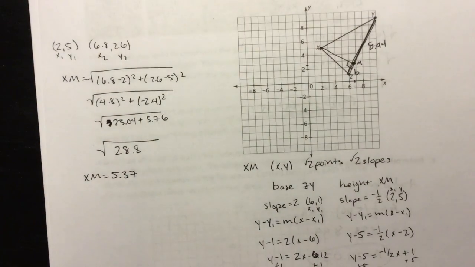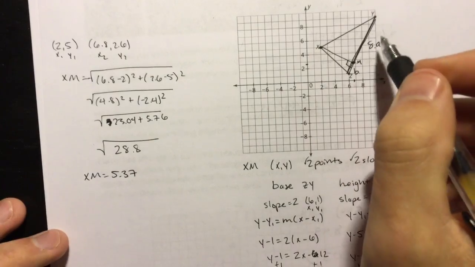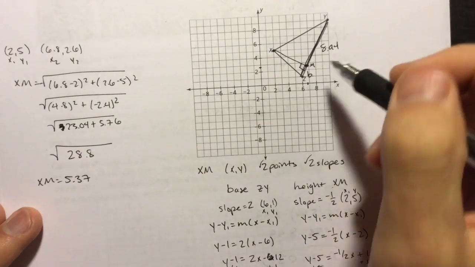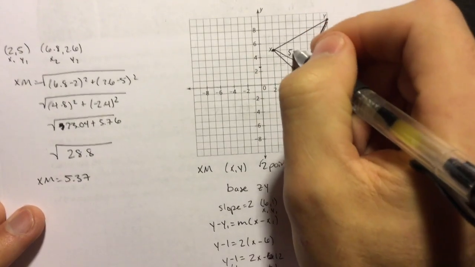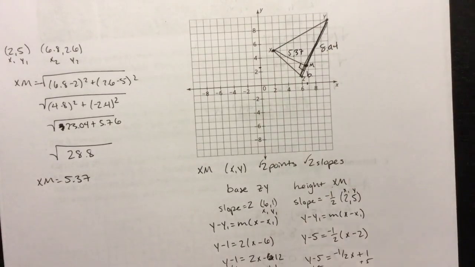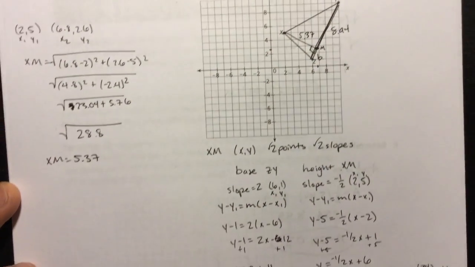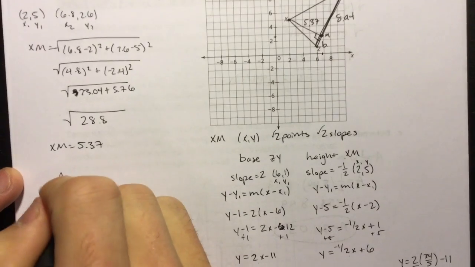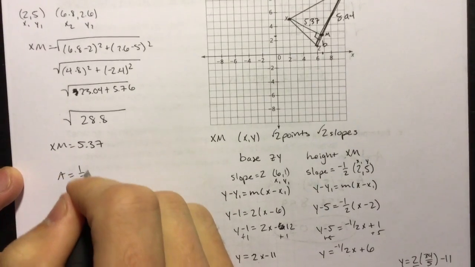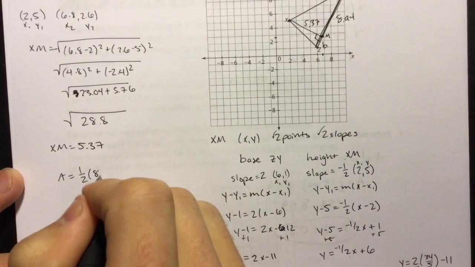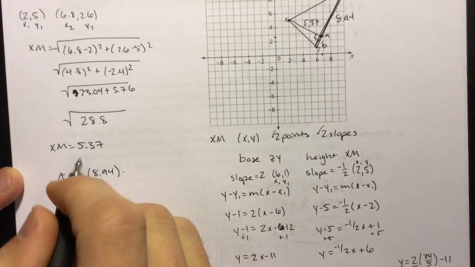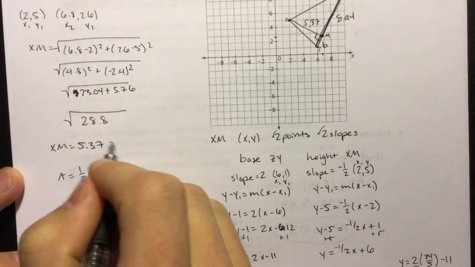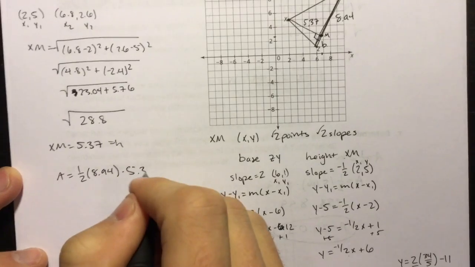So that means this is my base over here. Back over here, base, height, 5.37. And then now I'm going to do area equals 1/2 base times height, which is going to be 1/2 8.94 times my height, which I just found, this is the same as my height, right? Times 5.37.